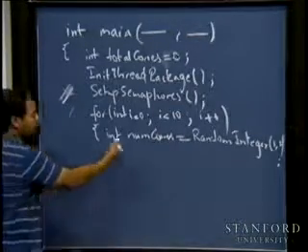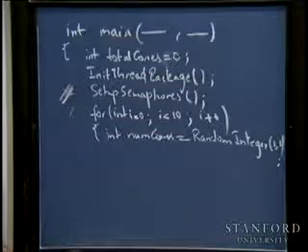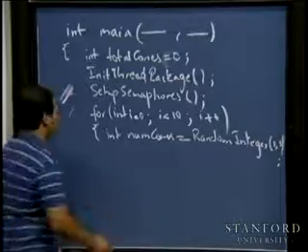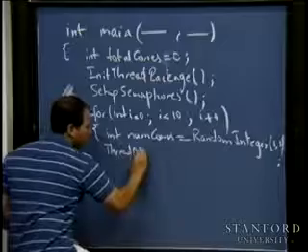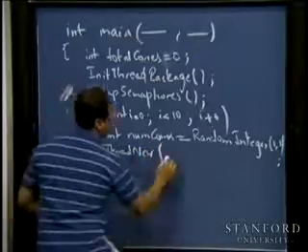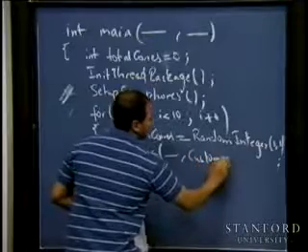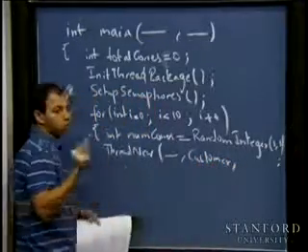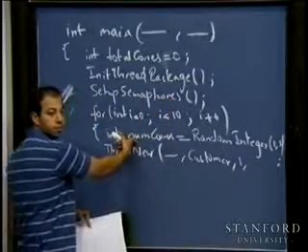Now, once we have the number of cones for a customer, then we can just start spawning the customer, because all the customer needs to know is how many cones he's going to order, right? Make sense? So we're going to thread new, debug name, the customer function, and this customer is going to take one argument, which is the number of cones.